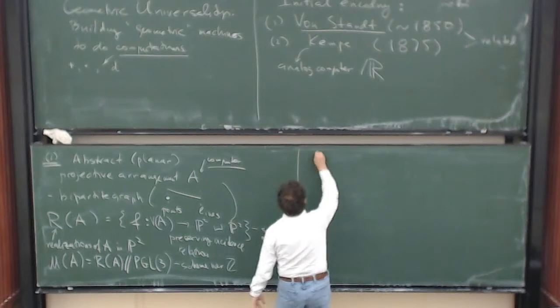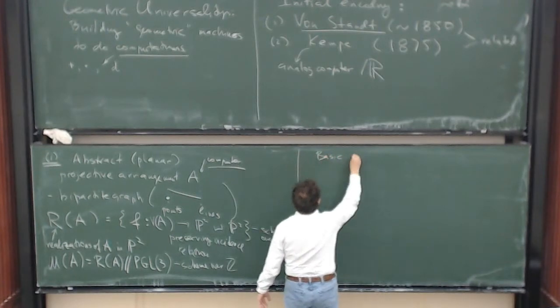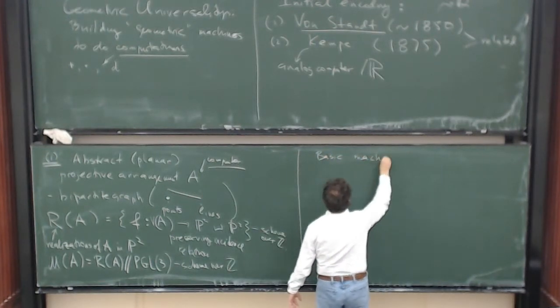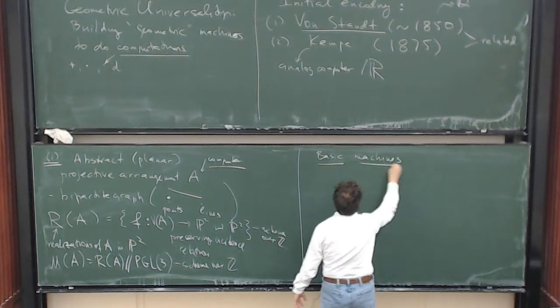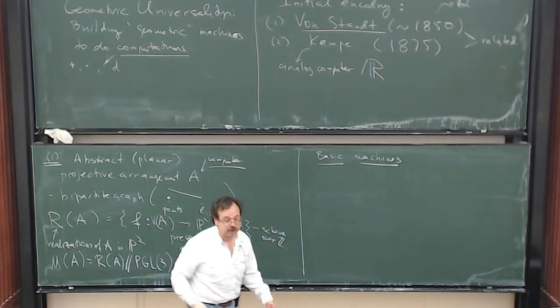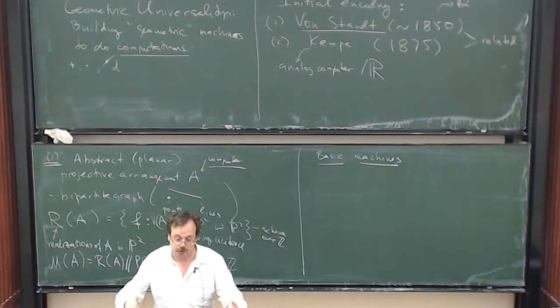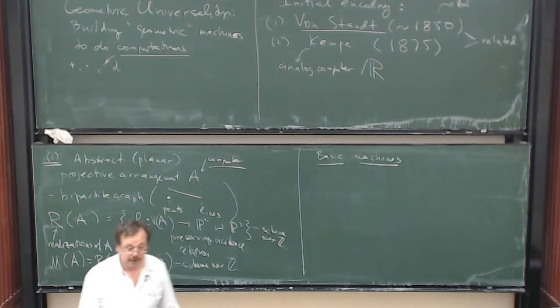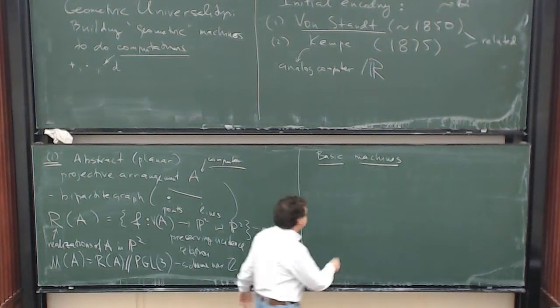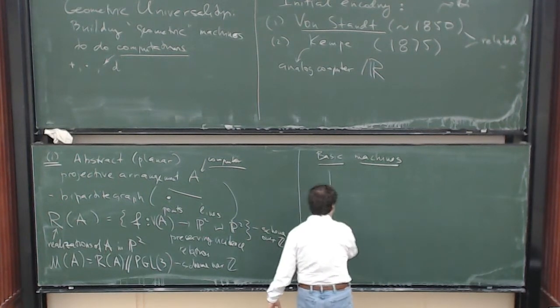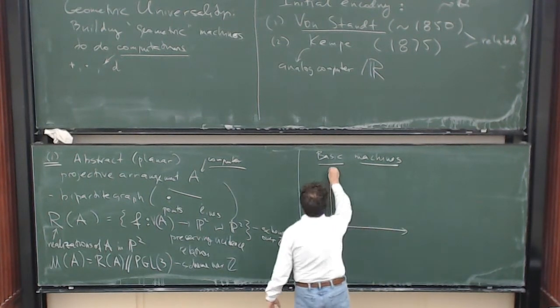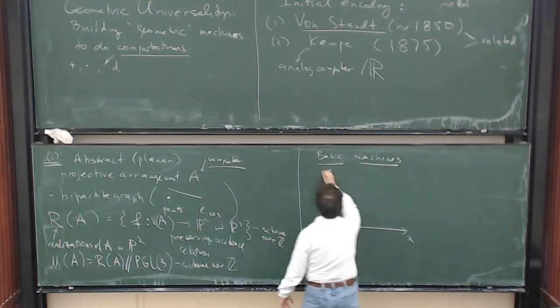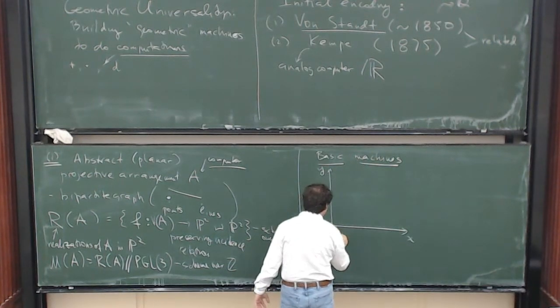The basic machines. Of course, you want to encode addition and multiplication, and then you also have to encode how to compose them, but the main thing is just addition and multiplication. So here is the addition. I'm drawing the x and y axes in the plane.